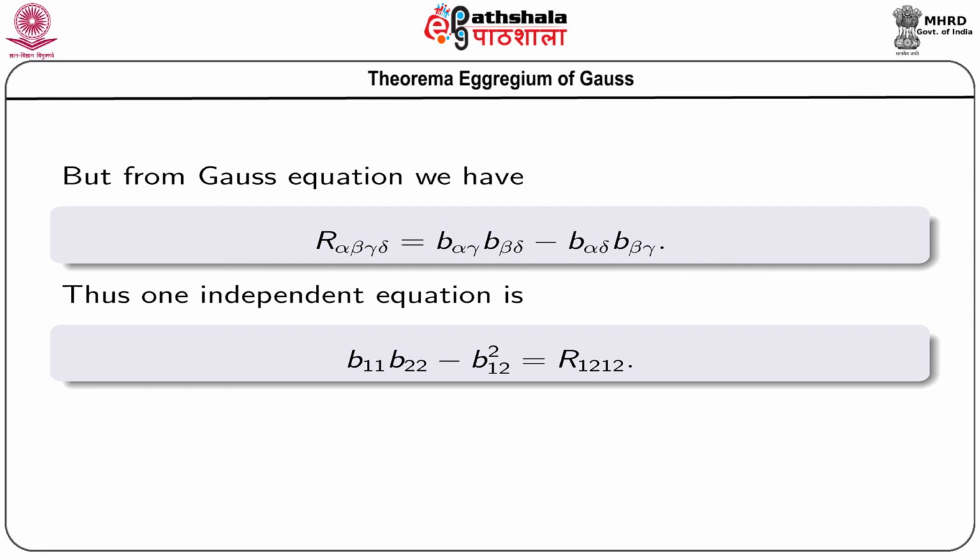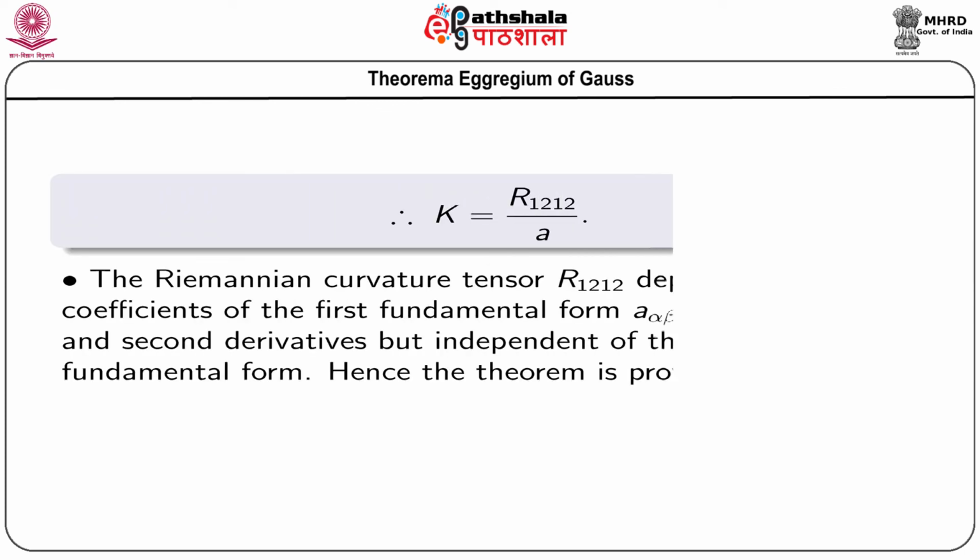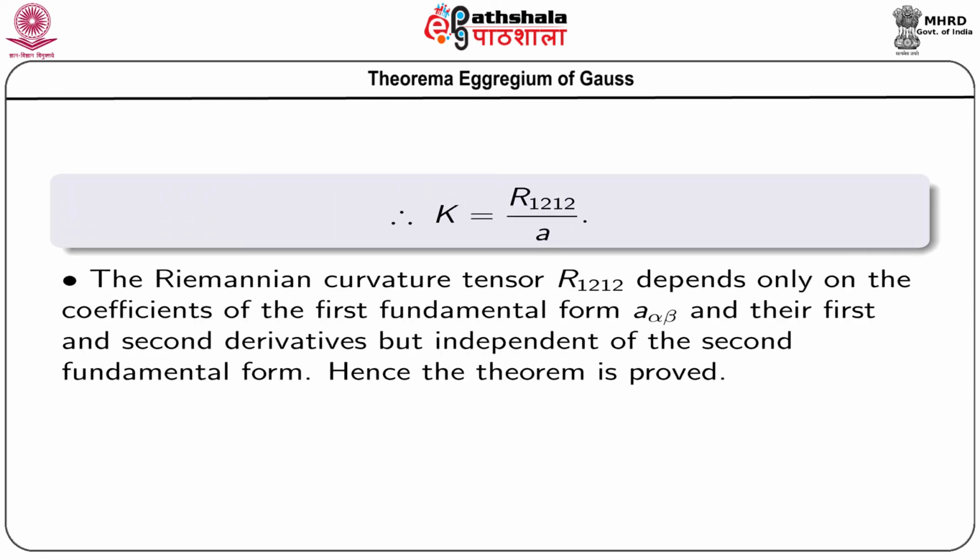That means the Gaussian curvature is nothing but R1212 by A. That means the Gaussian curvature depends only on the first fundamental form A_alpha beta and their first and second derivatives, and it is independent of the second fundamental form.